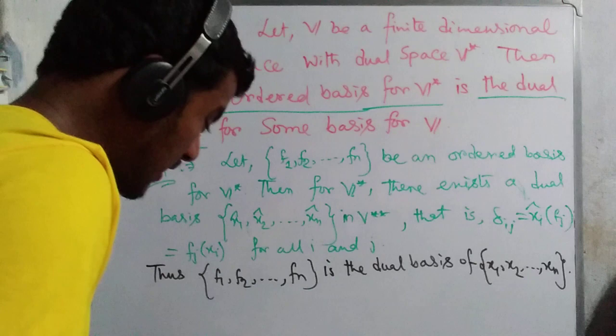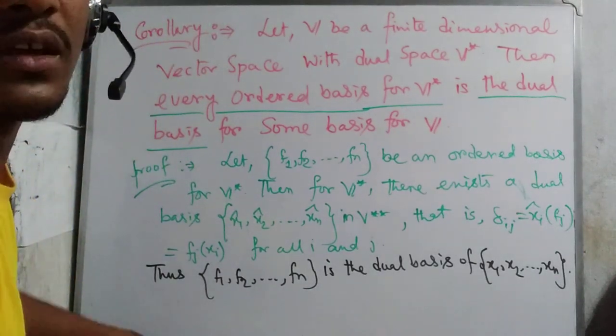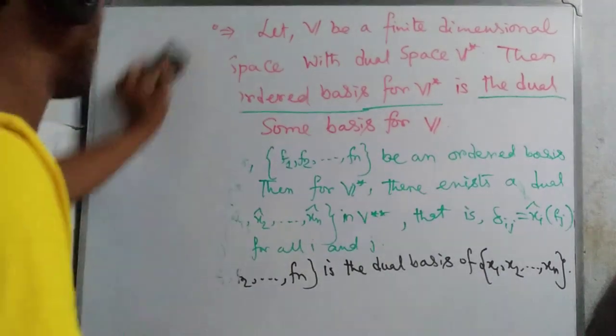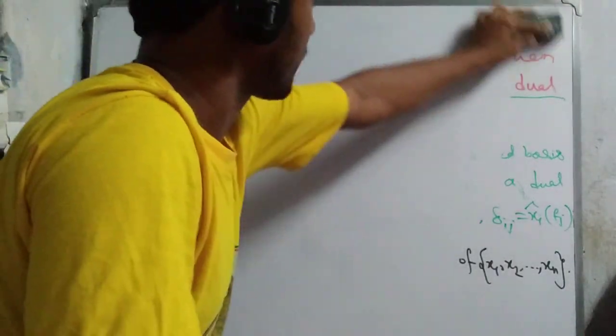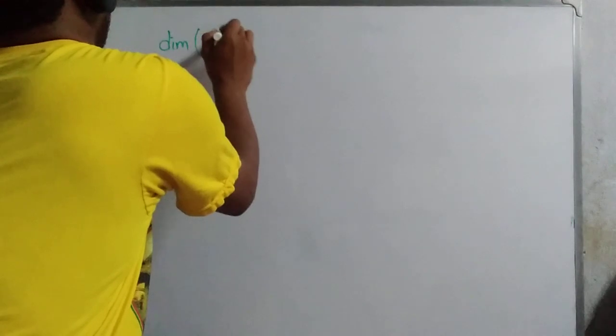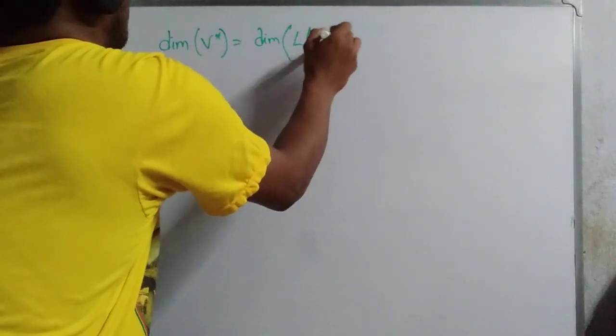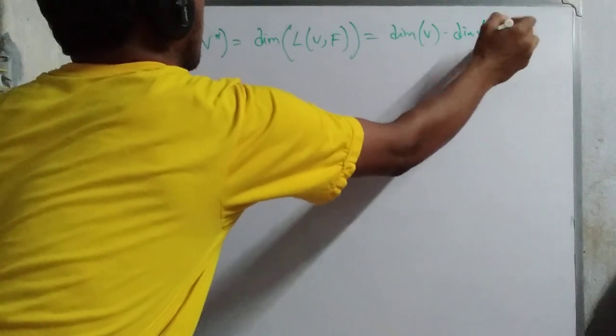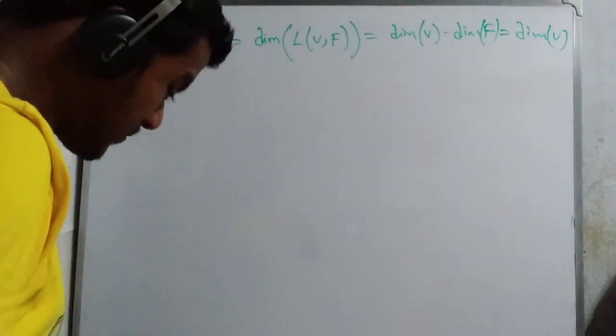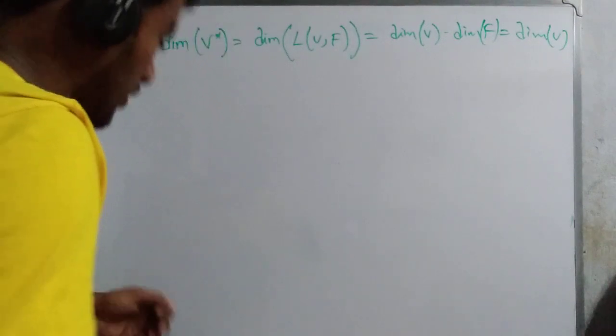For any finite dimensional vector space, the dual space and the dual of the dual space all have equal dimension. The dimension of V star equals the dimension of L(V, F), which equals dimension of V times dimension of F, equals dimension of V.